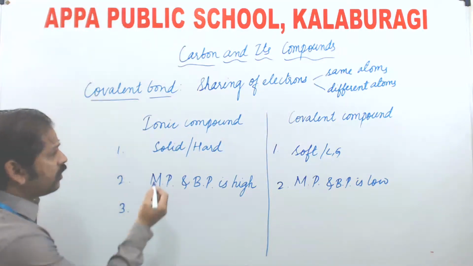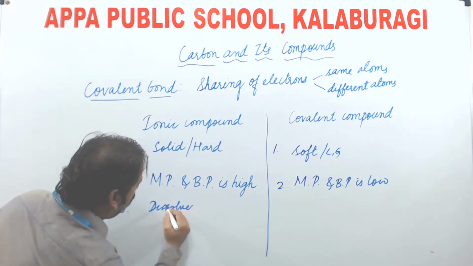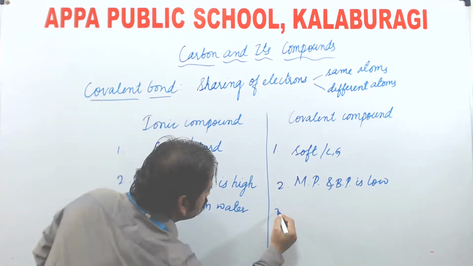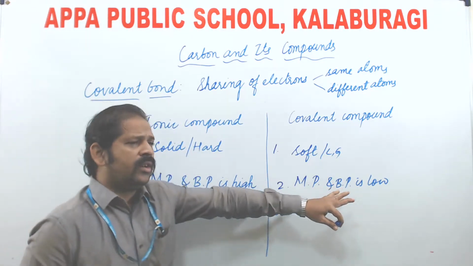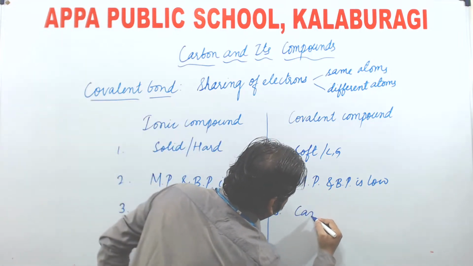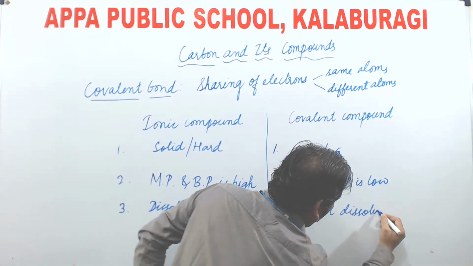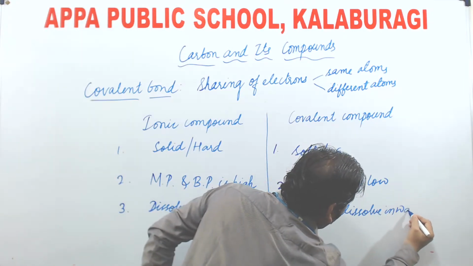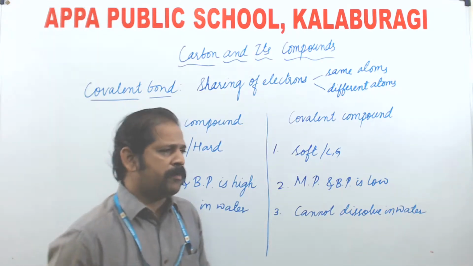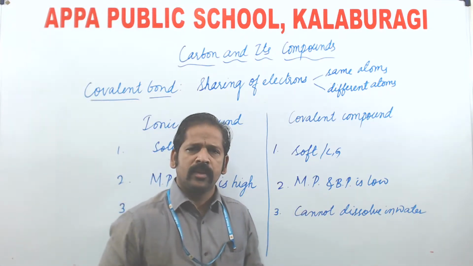Third, ionic compounds can dissolve in water. Covalent compounds cannot dissolve in it. For example, petroleum, crude oil will not dissolve in water.